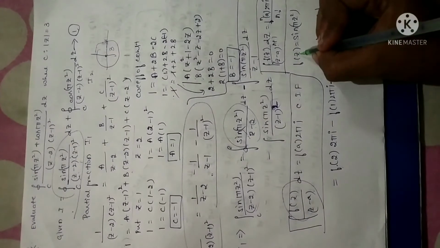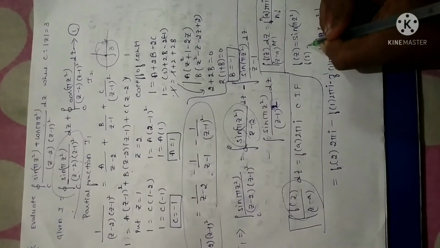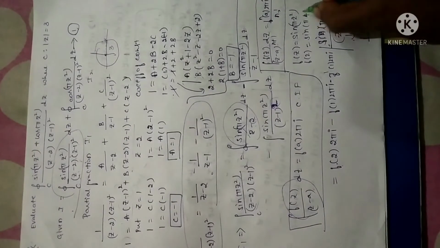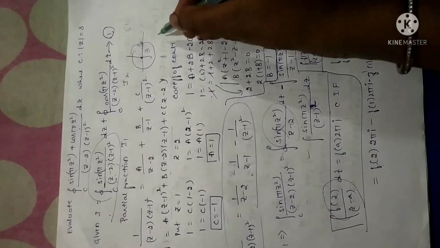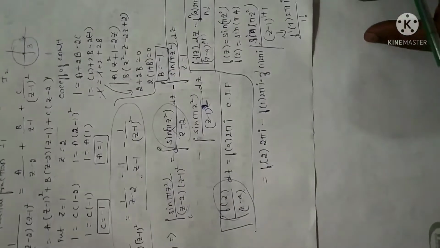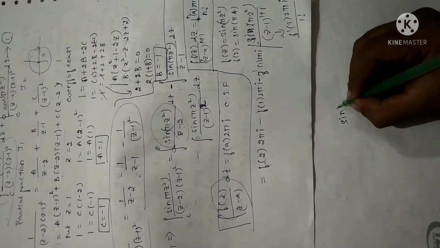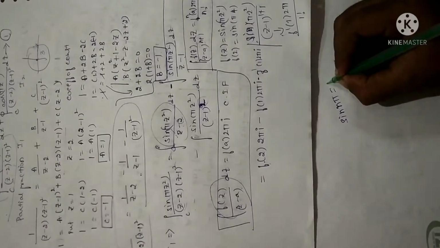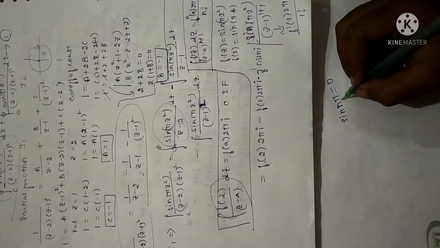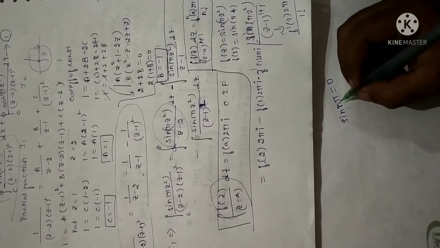Let me calculate the f of 2 value. So f of 2 will be sine of pi into 2 square, which is 4. Before doing this, I'll tell you the basic concept that you have to remember, which you have already learnt in high school, PU. Sine n pi, whatever may be the value of n, is always equal to 0.